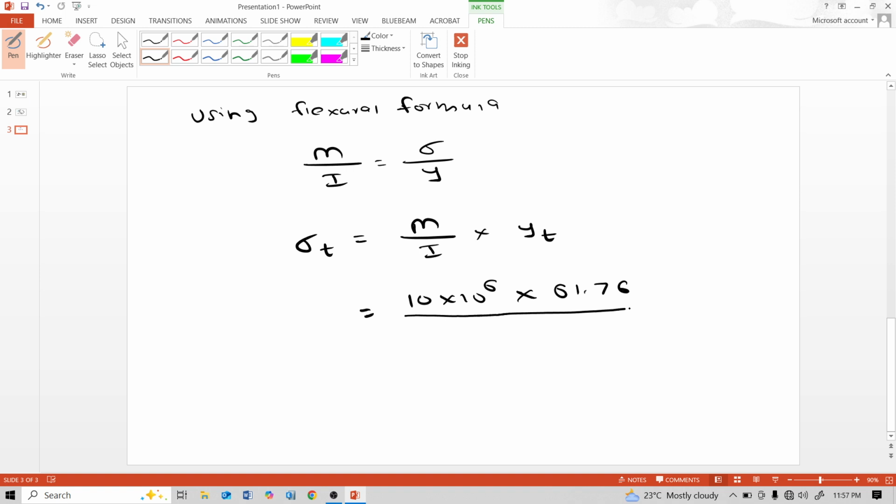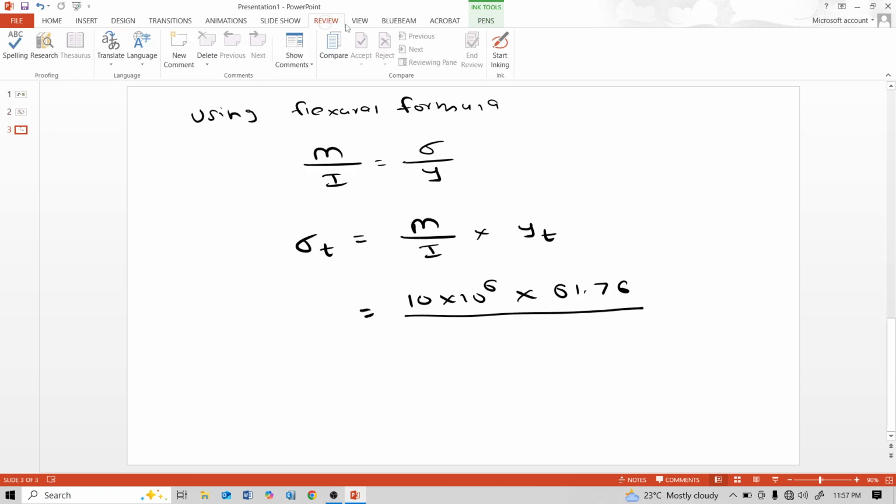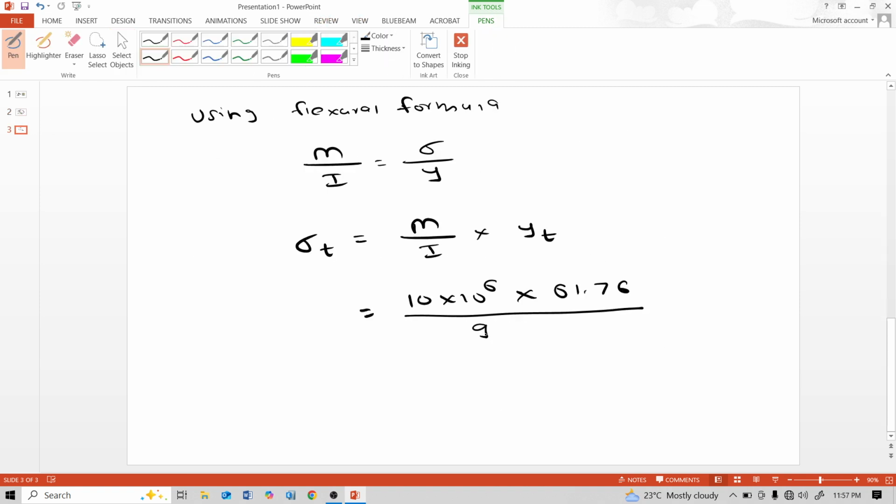Divided by I, the moment of inertia that we calculated, which is 9 into 10 raised to 6. 10 raised to 6 and 10 raised to 6 get cancelled. Tensile stress is 10 into 61.76 divided by 9, which is 68.62, and the unit of stress is Newton per mm square.